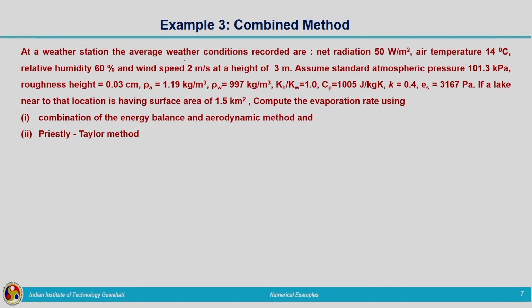At a weather station, the average weather conditions recorded are: net radiation is given to us as 50 watts per meter square, air temperature 14 degrees Celsius, relative humidity 60% and wind speed 2 meters per second at a height of 3 meters.